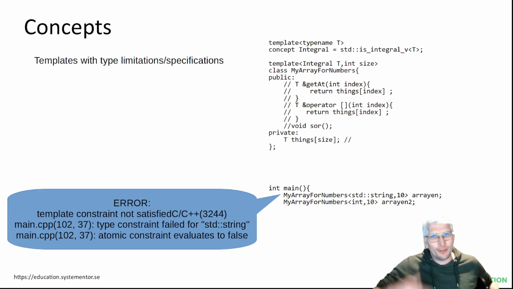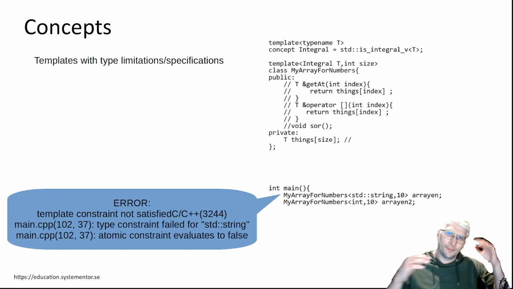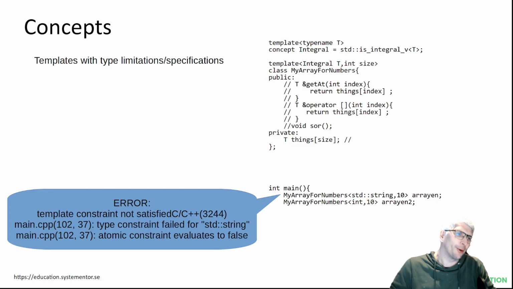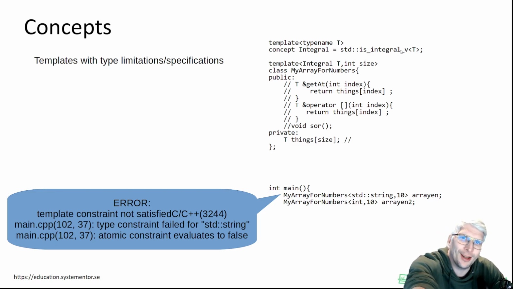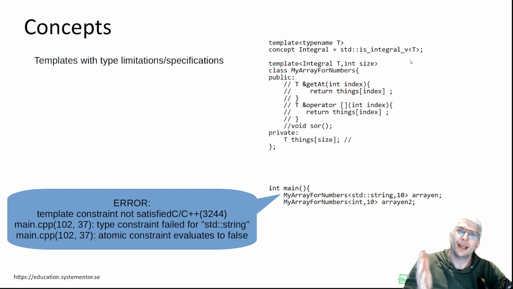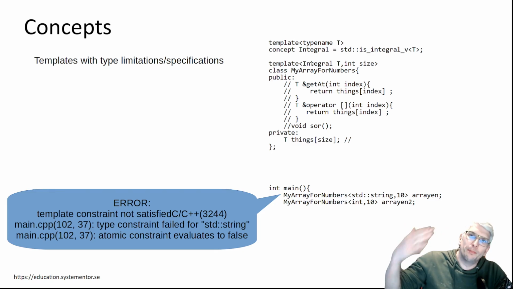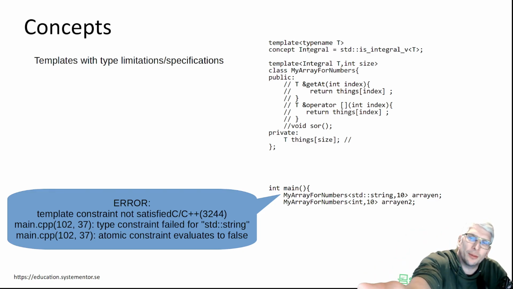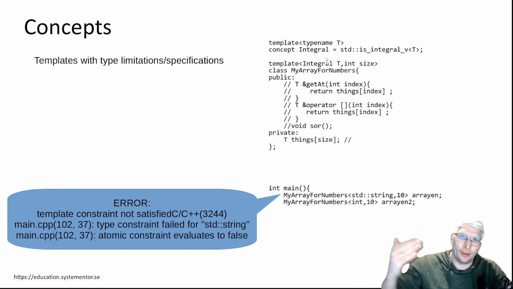From a type, it's possible to know whether it's a pointer, an int, or a class. So is_integral_v checks the type, and that's compile time, it's a constexpr. Then we're saying that the template must use this concept as its type.